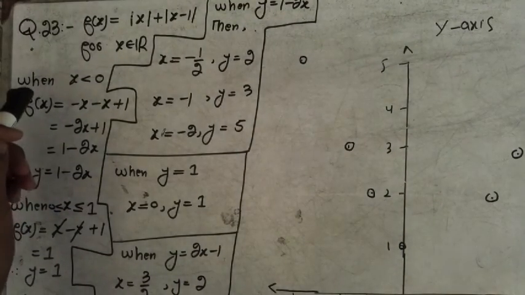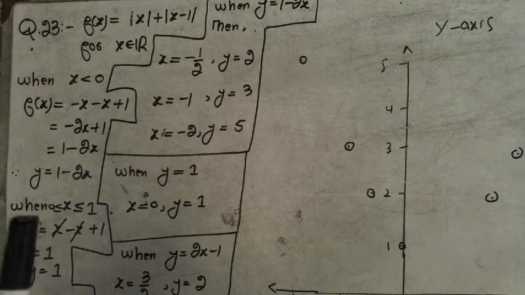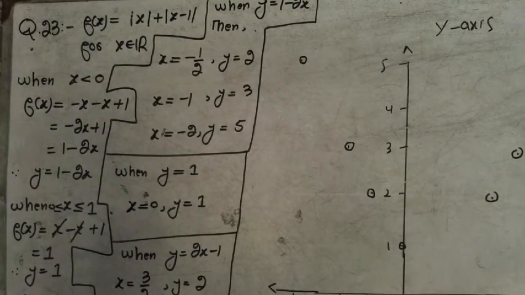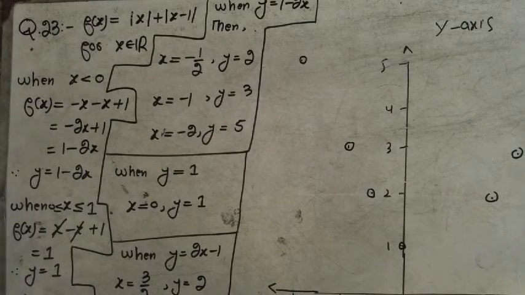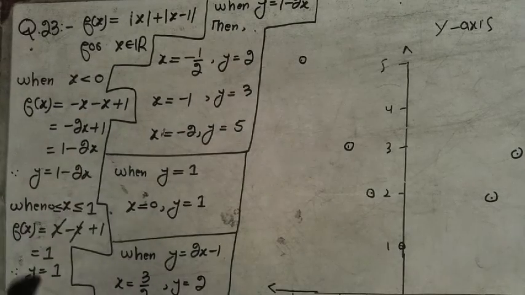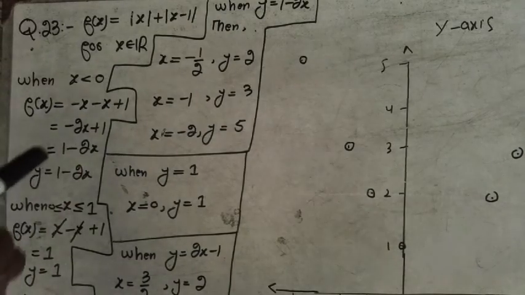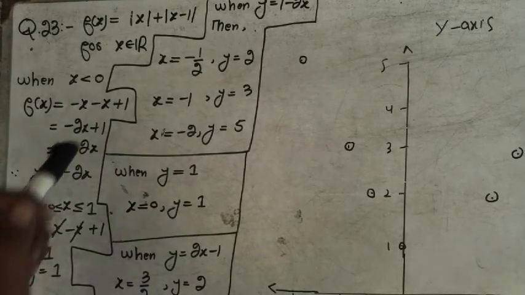So the first condition is when x is less than 0, then both values of x in the given function are negative. So the function is f of x equal to minus x plus 1 minus x. The answer is minus 2x plus 1.